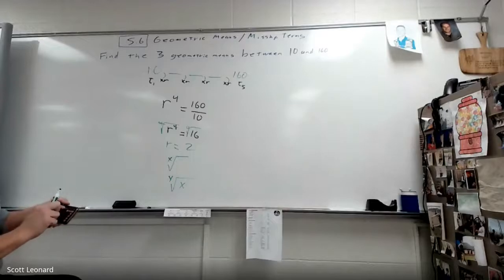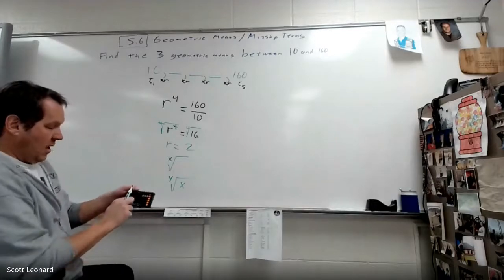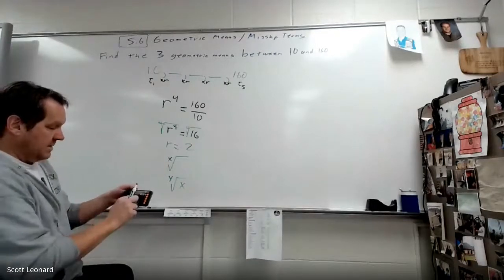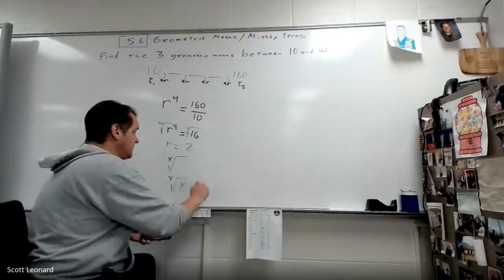I love how they all change. So we're going to start out on this one on my iPhone. I'm going to go 16 first. I'm going to hit that Y to the X root button, and I'm going to type in a 4. I hit enter, I get 2.